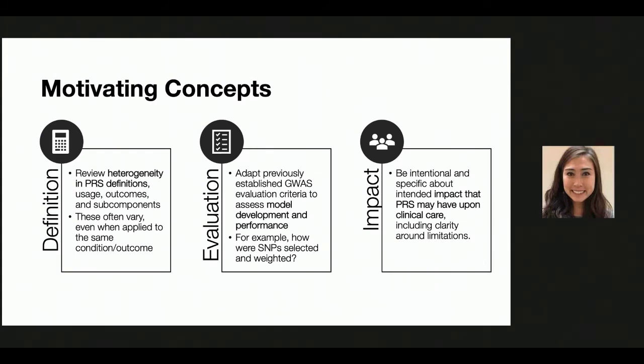And finally, and probably most important from my perspective as a genetic counselor and clinical provider, we wanted to consider how to provide guidance for authors in discussing the intended use of a PRS. So how will whatever they publish ease the clinical translation of these published scores? Next slide.